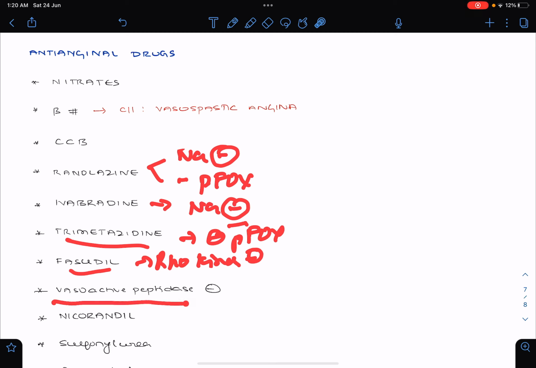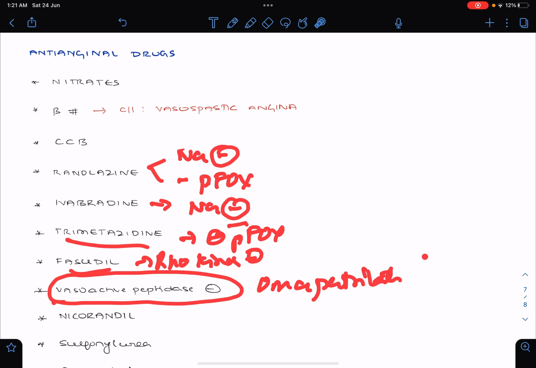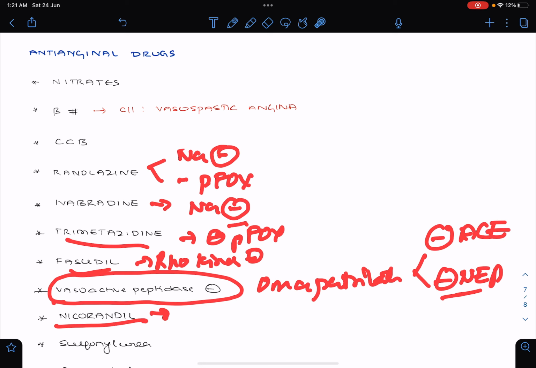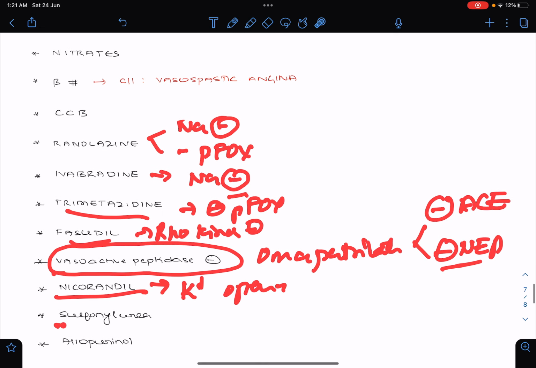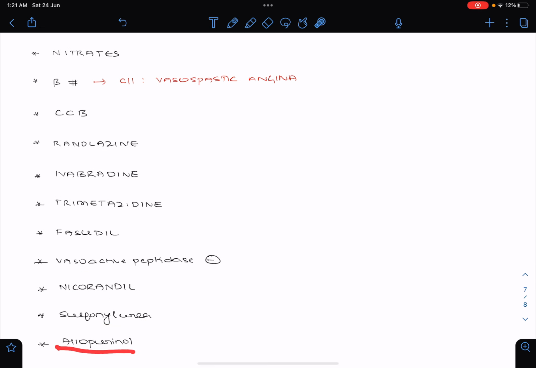We have a vasopeptidase inhibitor, that is omapatrilat, which mainly inhibits both angiotensin converting enzyme as well as neutral endopeptidase. We have nicorandil, that is a potassium channel opener. Apart from that, we also have sulfonylureas and allopurinol.